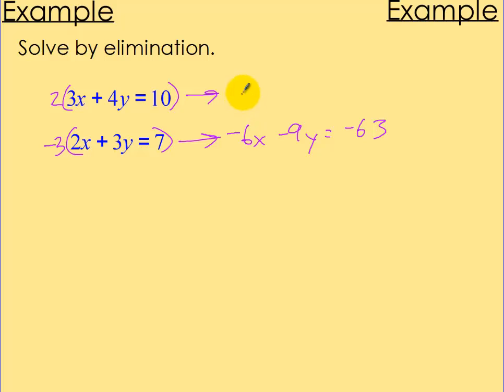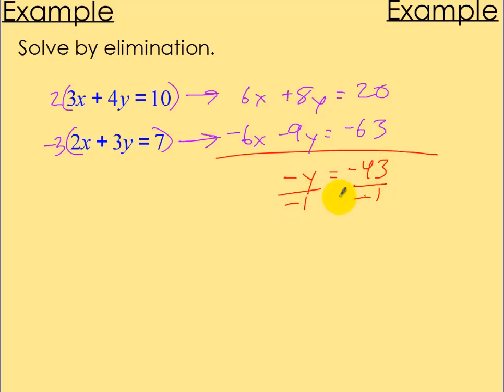And the top one will be 6x plus 8y equals 20. So when you add those up now, the x's cancel out. 8 minus 9 is -1y, or just -y, equals 20 minus 63, which is -43. I'm going to divide by -1 on both sides, so you get y equals +43.